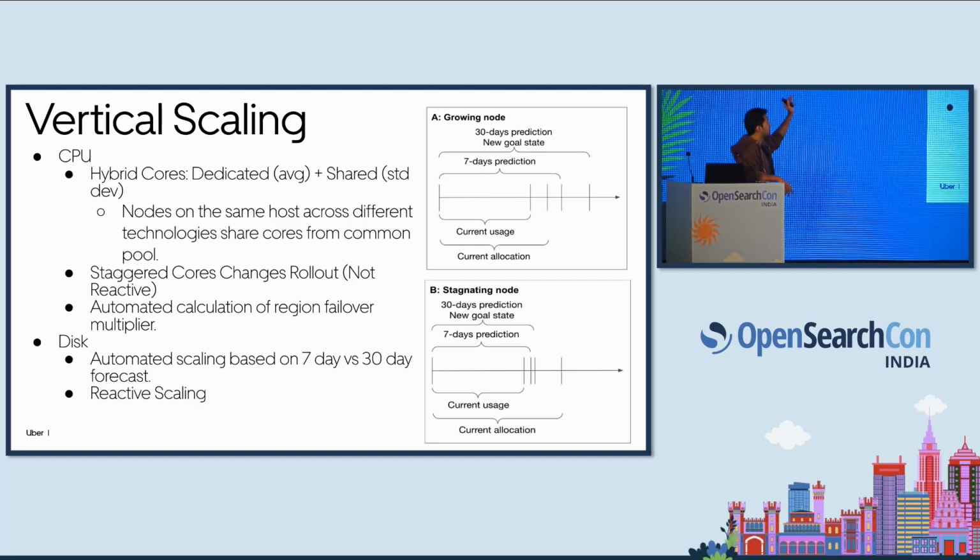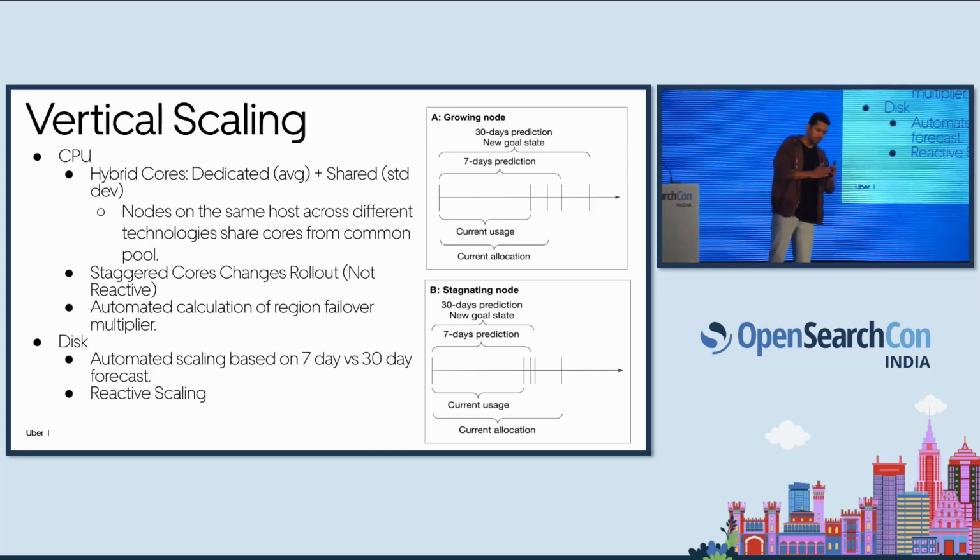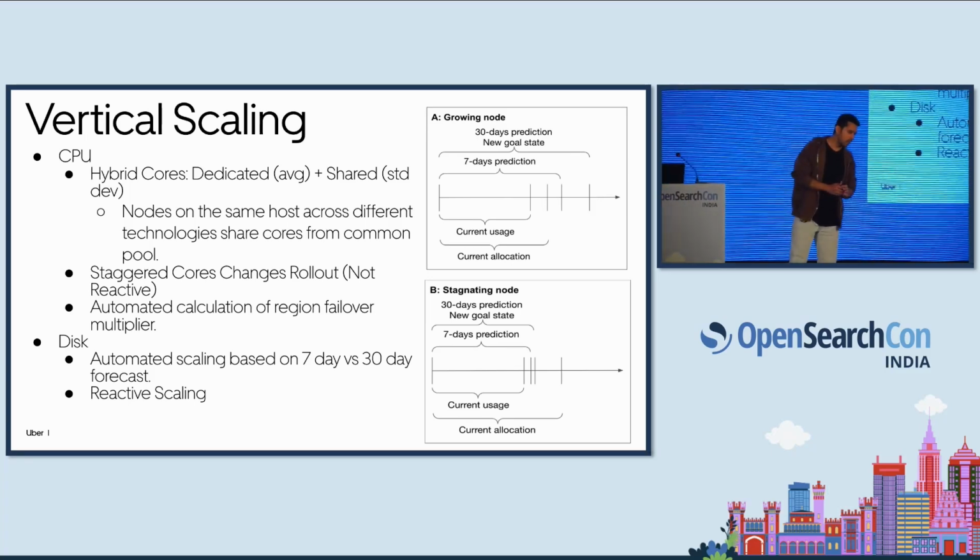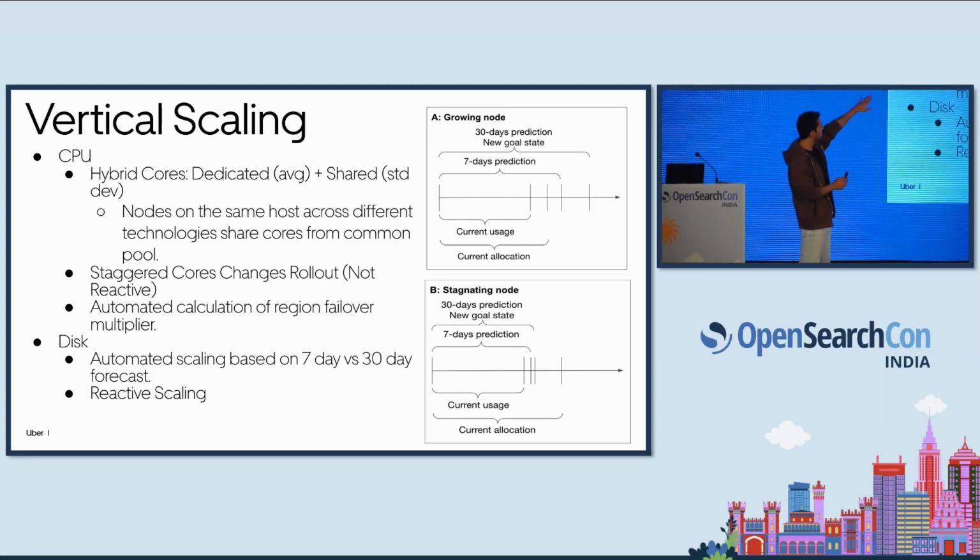CPU scaling is actually predictive scaling, not reactive scaling. What that means is that for every node of the cluster, we start by assigning a dedicated number of cores, which should handle all of its average traffic. And then we define a shared buffer for every node that it can break into every time the amount of traffic increases, right?